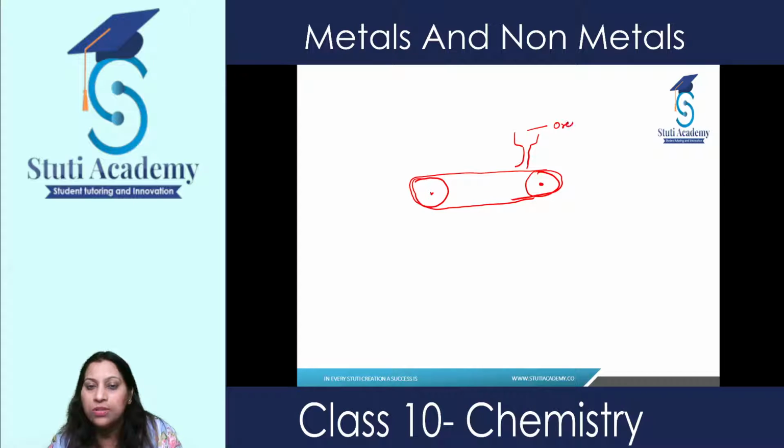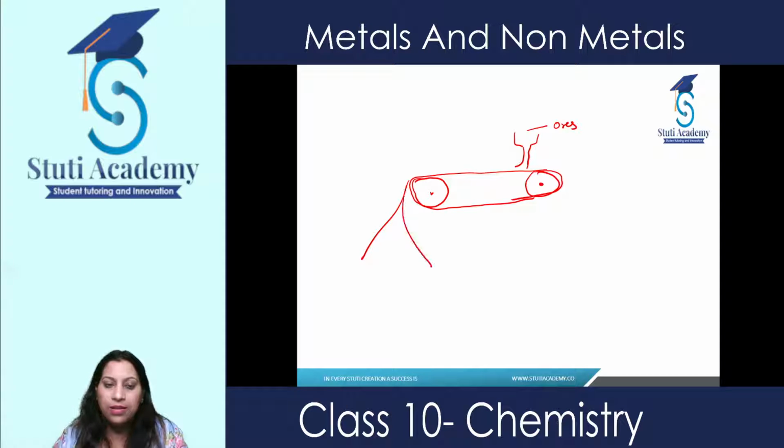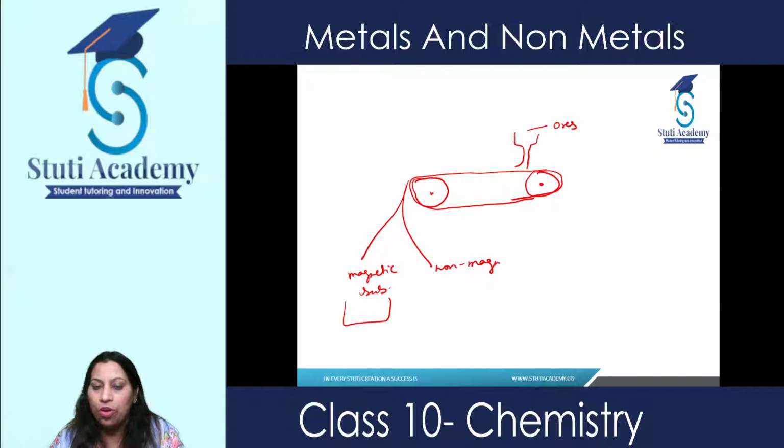We pour the ore, and the magnetic substance makes a heap here, and the non-magnetic impurity will move like this and deposit here.